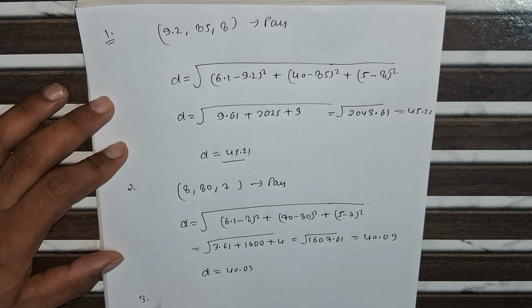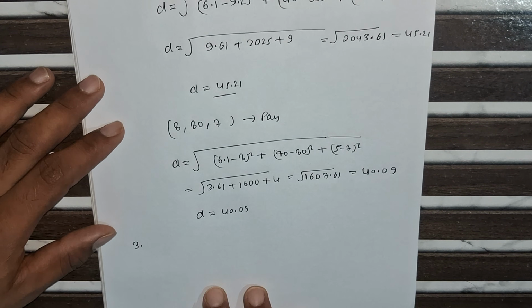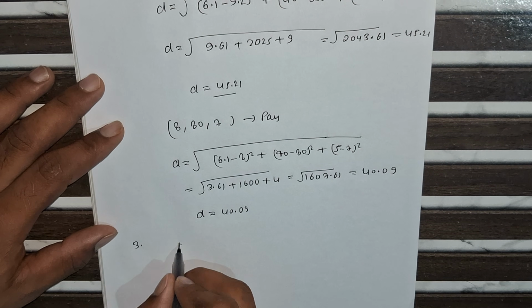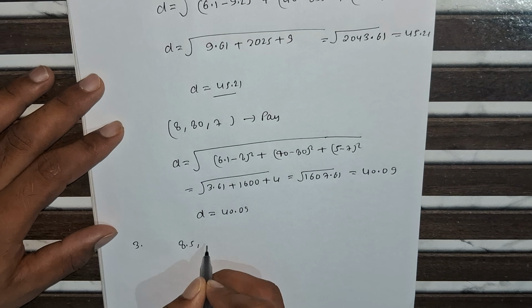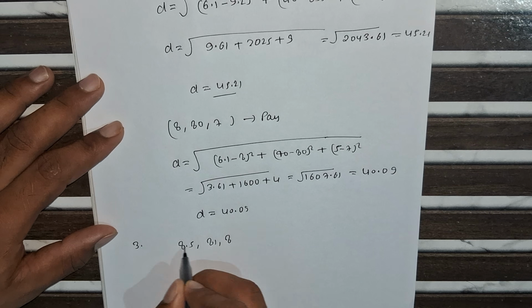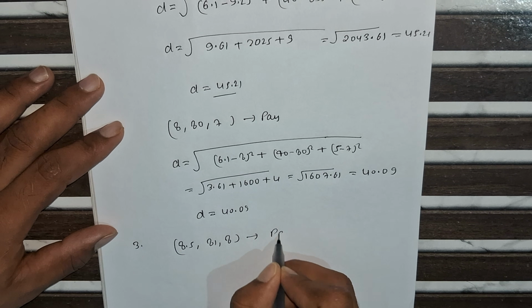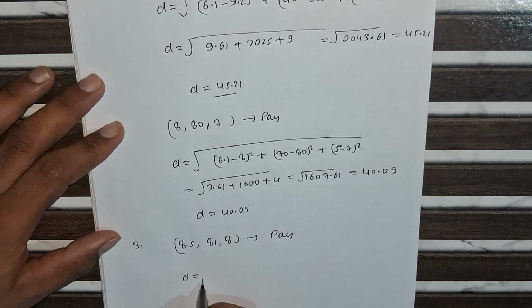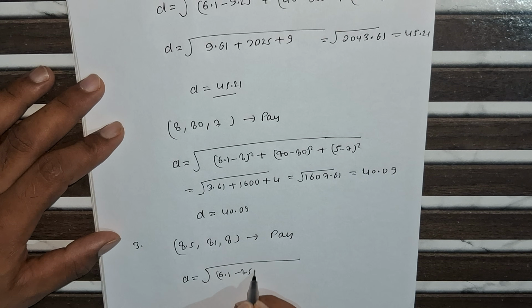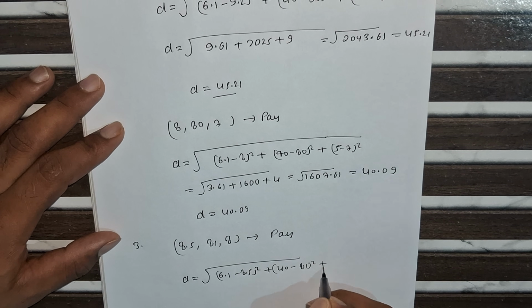Like that for the third pass, our CGPA is 8.5, assessment is 81, project submitted is 8. This is our pass. So d equals to under root 6.1 minus 8.5 whole square plus 40 minus 81 whole square plus 5 minus 8 whole square.